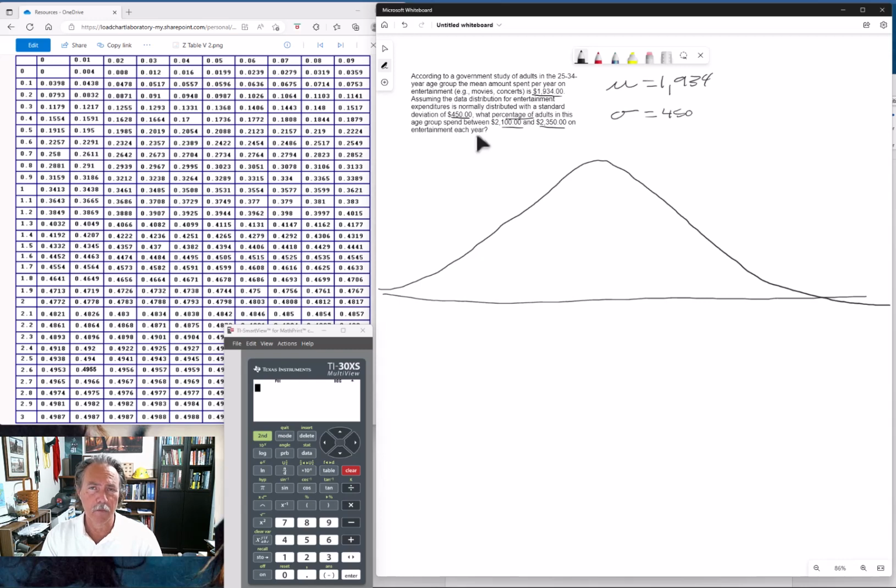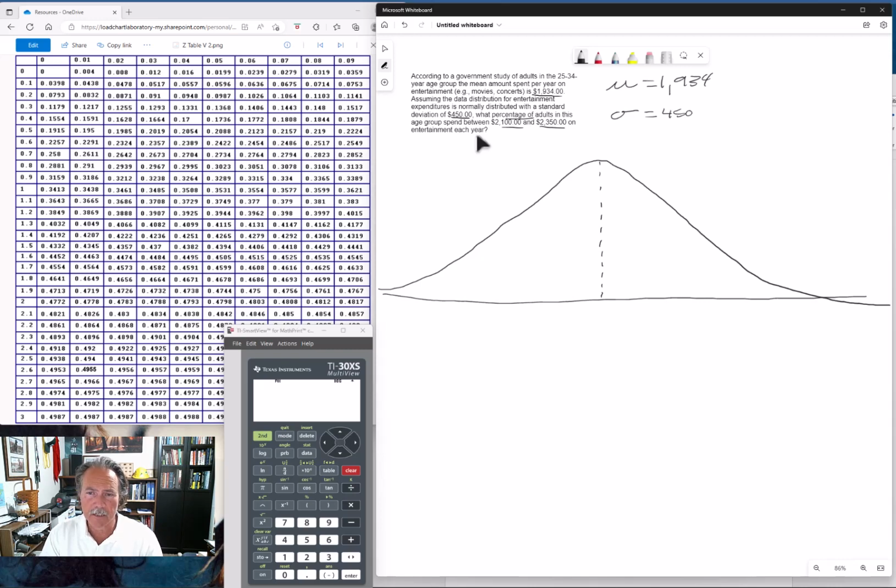Now let's label it with some of our key information. $1,934 is our mean, so let me go ahead and label that on here. I've been careful to draw my dashed line so that it's straight. Bear with me, these tablets are kind of tricky to use sometimes.